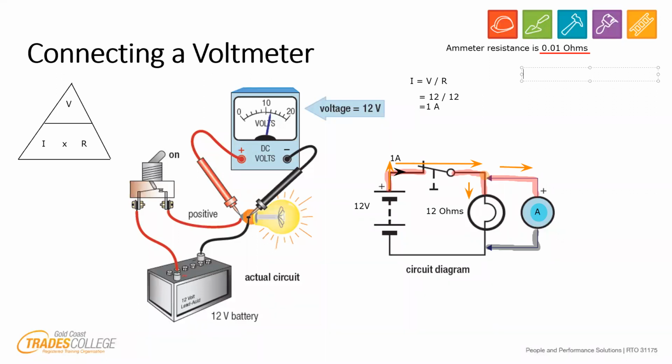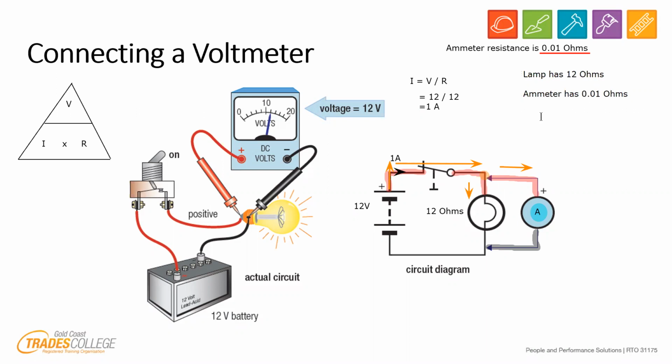So my lamp has 12 ohms. The ammeter, which I've accidentally connected, has 0.01 ohms. So what's going to happen here?